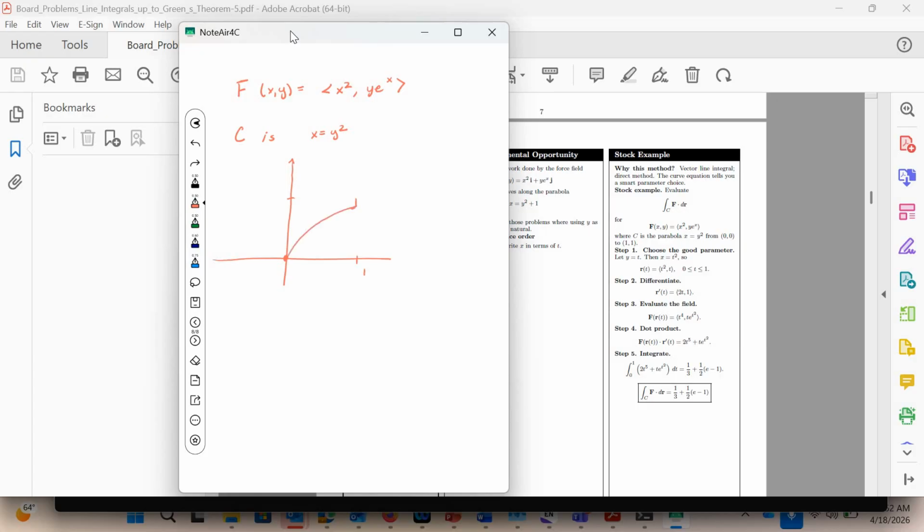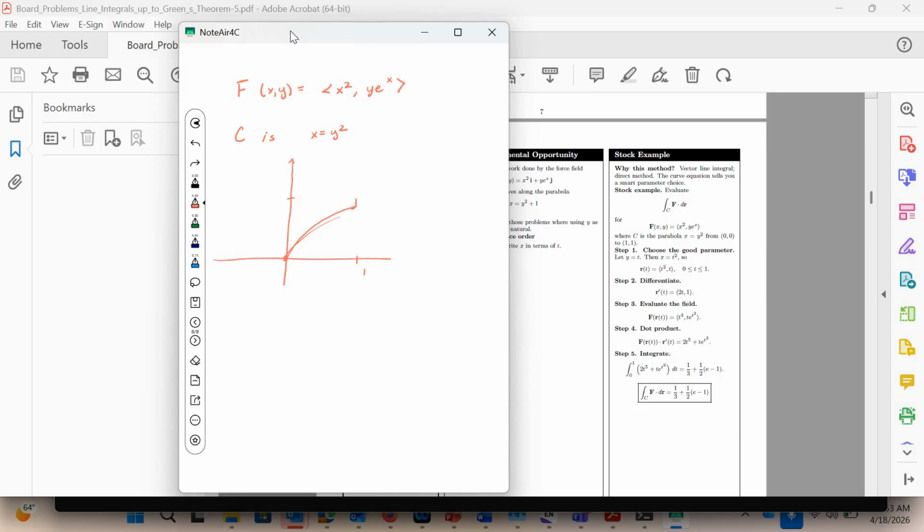I'm going to do 1/4 for y. If I plug in 1/4 for y, then x would be 1/2 because 1/2 squared is 1/4. So x would be 1/2 and y would be 1/4.